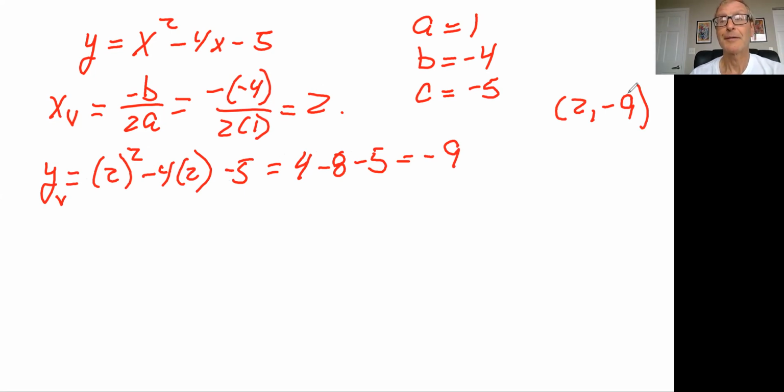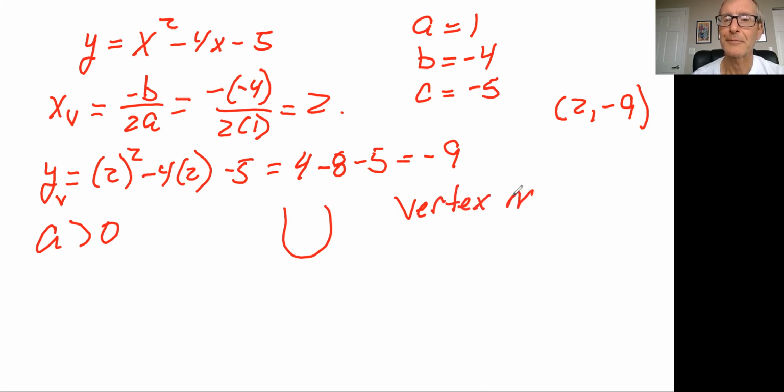So the a value is greater than 0, so the U is going to be pointing up. Is the vertex a max or a min? The vertex is a min, right? Because the vertex would be right down here.